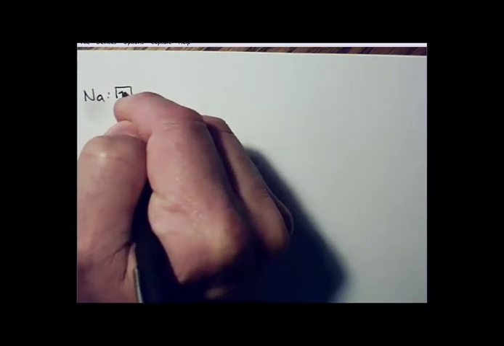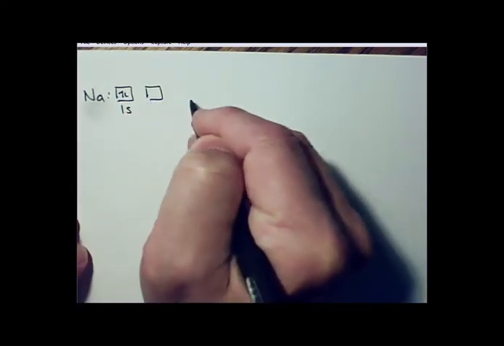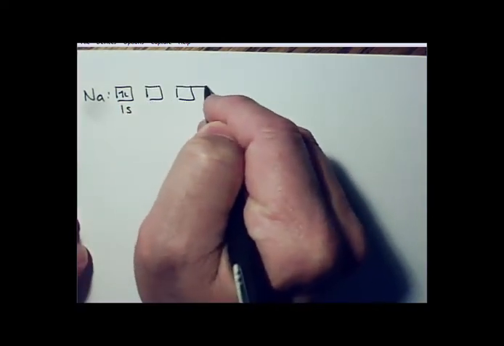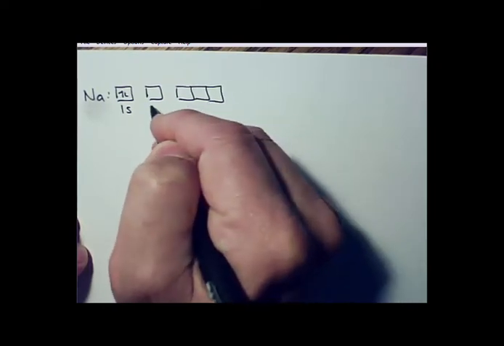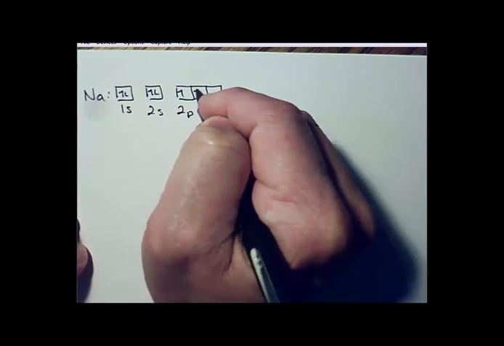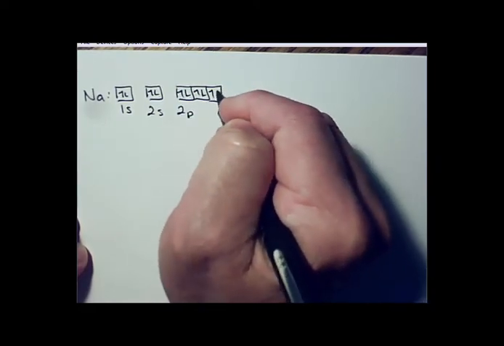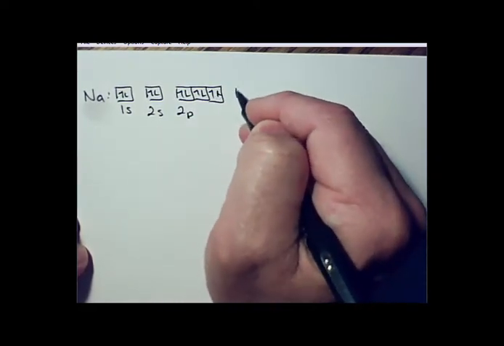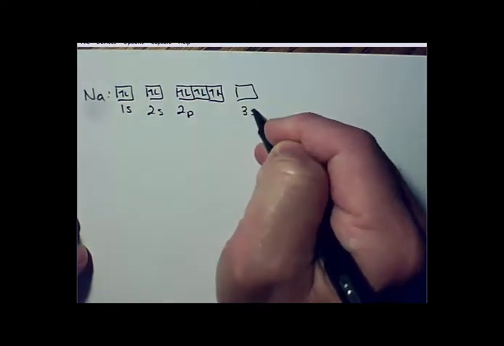So 1s is completely full, 2s and 2p are completely full, and so we've got one electron in 3s.